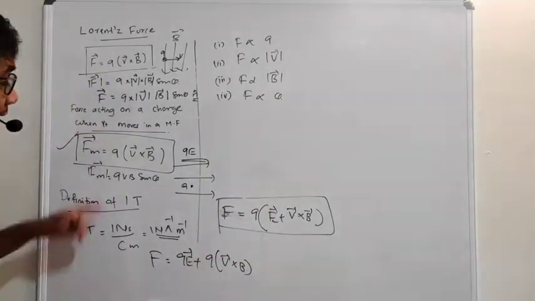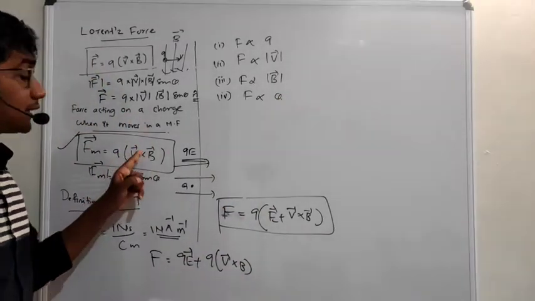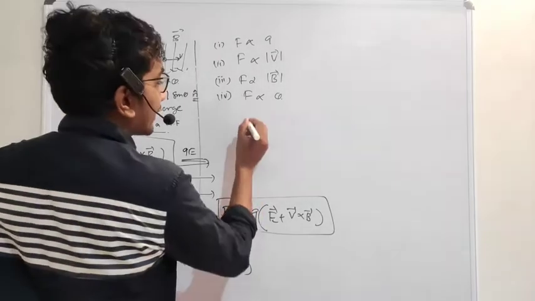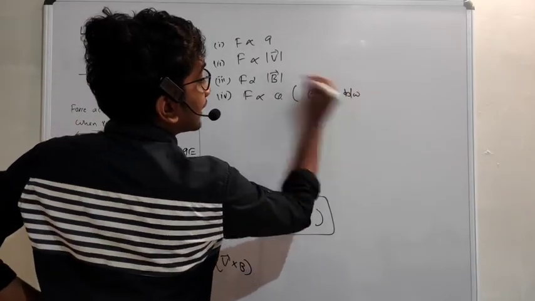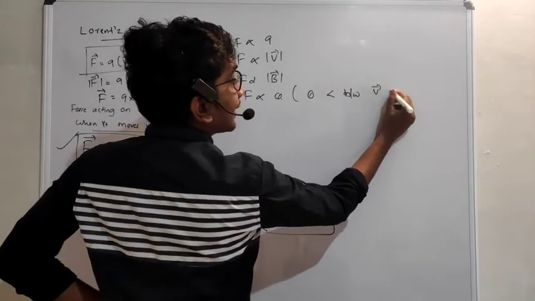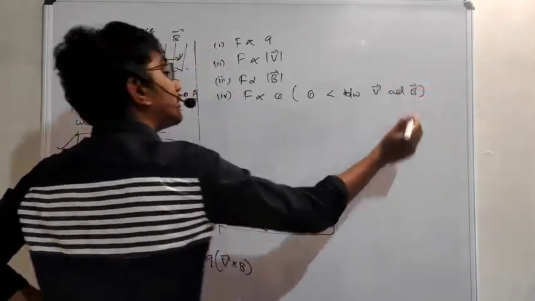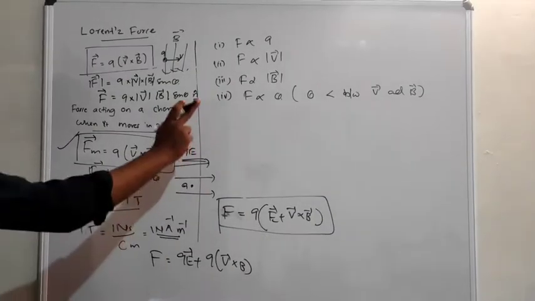What is theta? Theta is the angle between the V vector and the B vector. It is also proportional to theta.